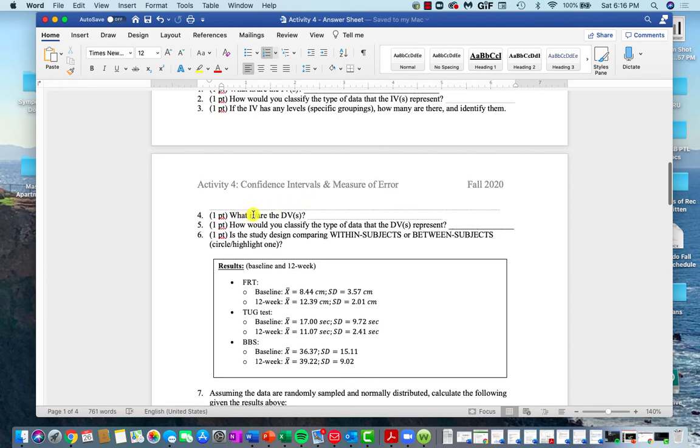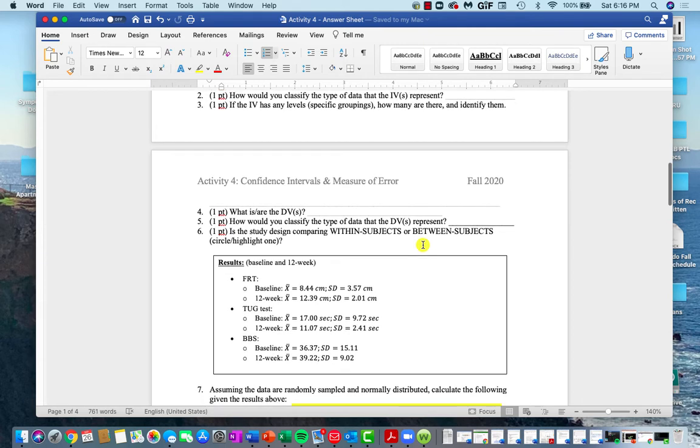Okay. You'll also note what the dependent variable or dependent variables are, as well as the type of data. And then you'll comment, is the study design comparing within subjects or between subjects? This was kind of a topic at the very end of the lecture where we distinguished who we're collecting within the sample or who we're comparing within the sample.